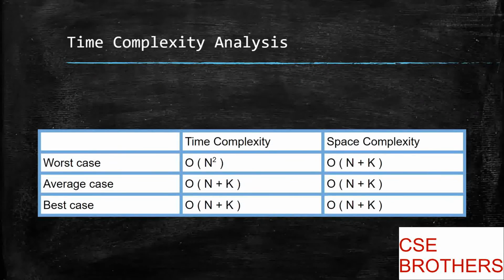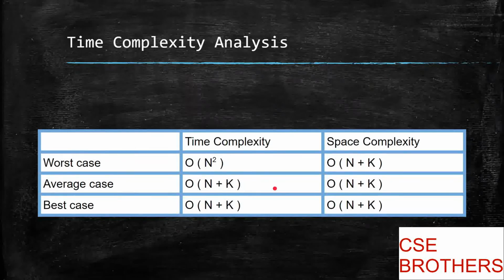Then to sort each bucket individually, it takes approximately order of n square by k time, and at the end to merge all the output from all buckets, it would approximately require order of n plus k time.